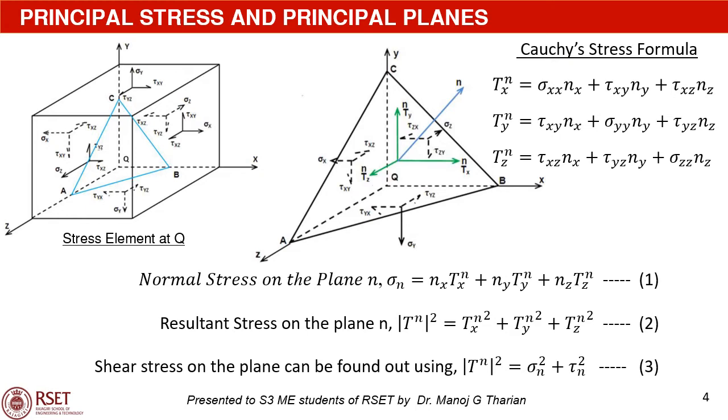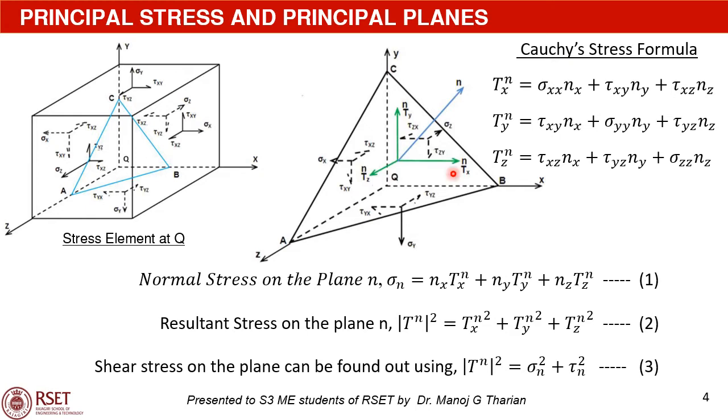That is, cosine of the angle between vector n and the x direction is nx, cosine of the angle between n and y direction is ny, and cosine of the angle between n and z direction is nz. Tn represents the resultant stress vector on plane n.